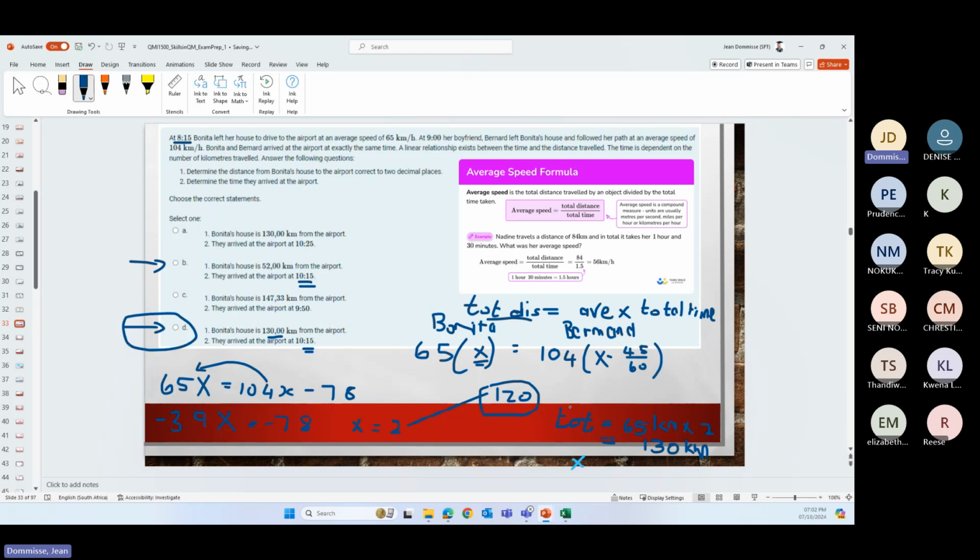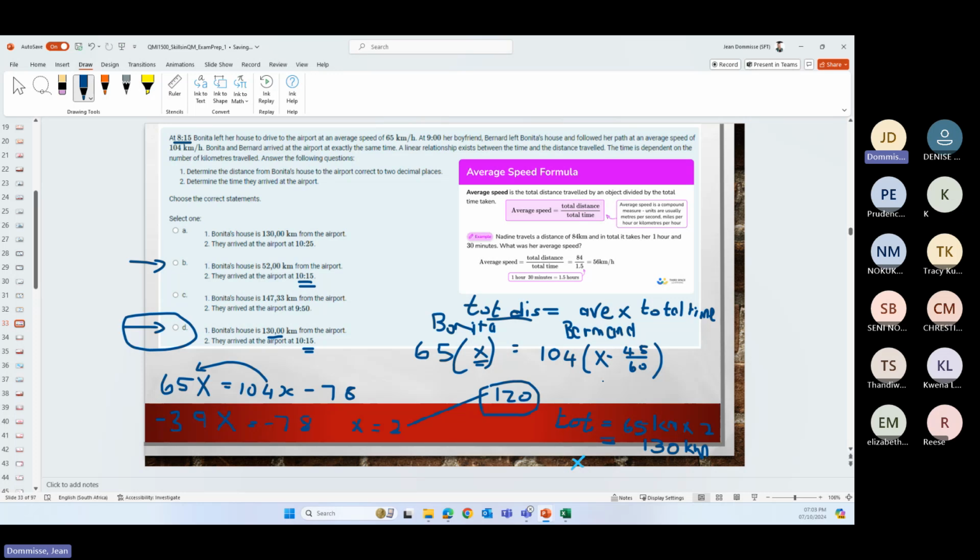We can also put that in this calculation. So if we wanted to say 104 kilometers an hour, then it would have been 104 times 1.15, I think. So let's just quickly see. Okay, not 15. What is 15 divided by 60?